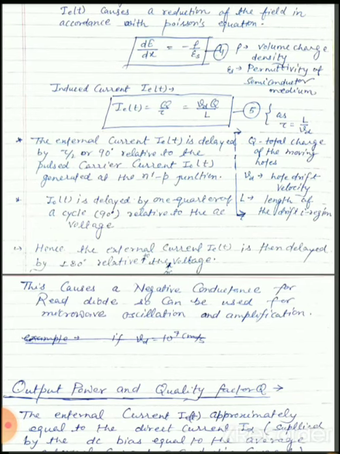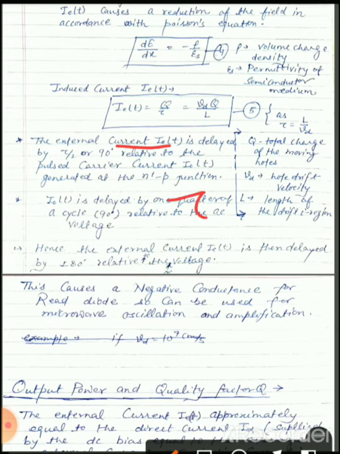And the current I_0(t), as we have discussed, is delayed by a quarter of a cycle, or 90 degrees, relative to the AC voltage. So this external current I_ET is delayed by time tau, or by an angle of 180 degrees, relative to the applied AC voltage.